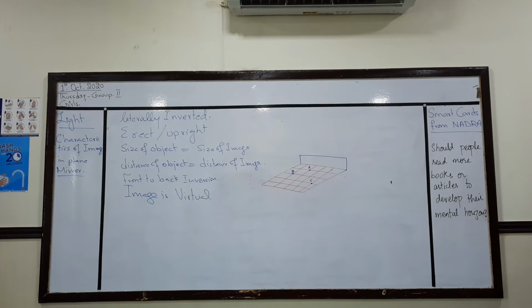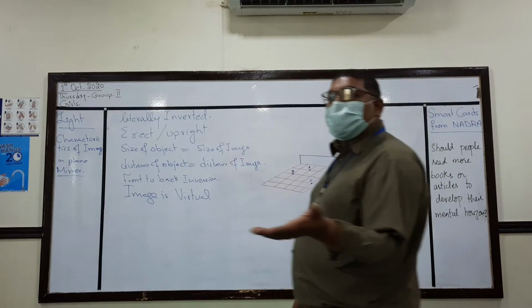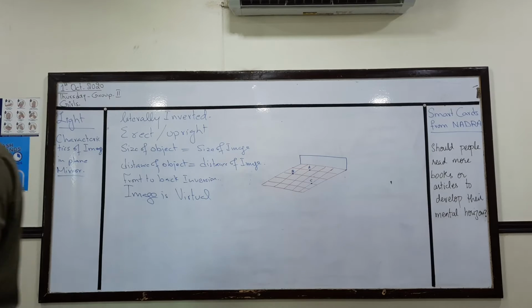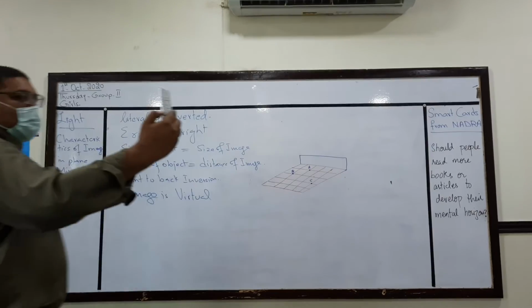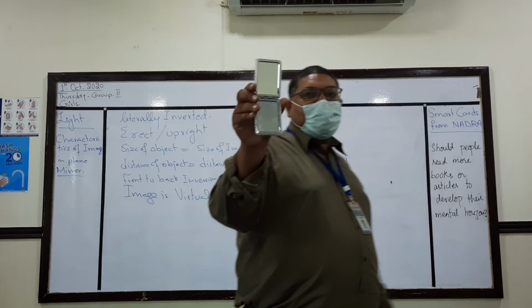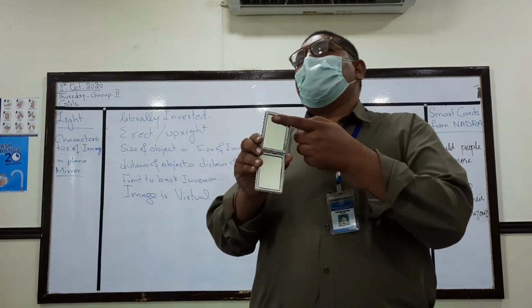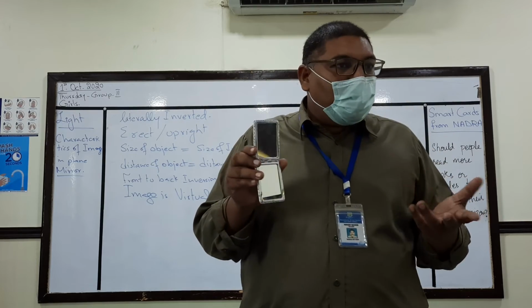Do you have mirror? Yeah. That day we showed with this mirror, I showed you the real image also. So, for example, here we have 2 mirrors. This one is the plane mirror and this one is the curved mirror. How do I know?